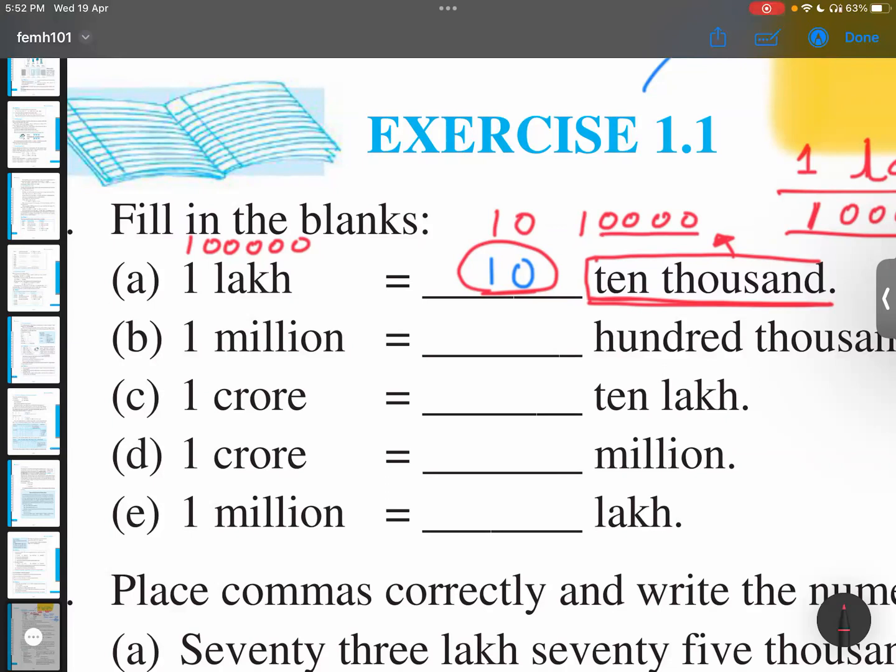So if I say 10,000, that means 10 multiplied by 10,000. If I say 5 ten-rupee notes, what is the total value? It is 50 rupees. So if I say 10,000 rupees, we simply multiply 10 with 10,000.